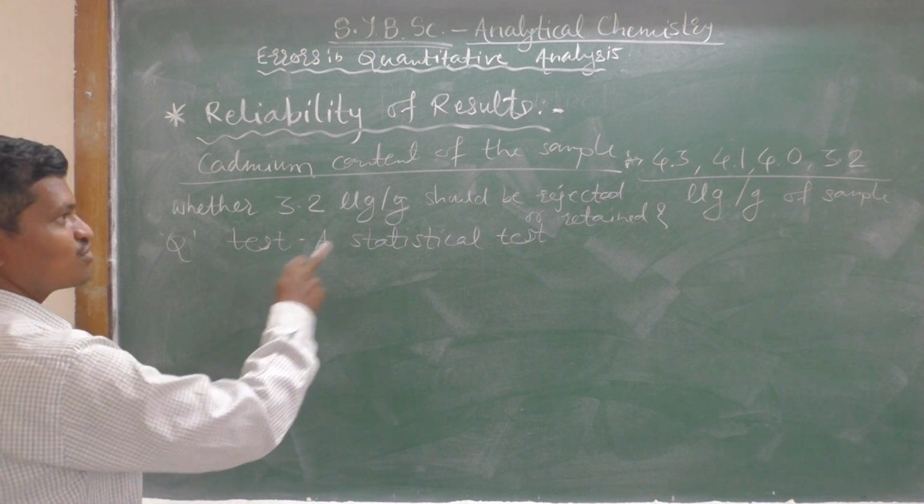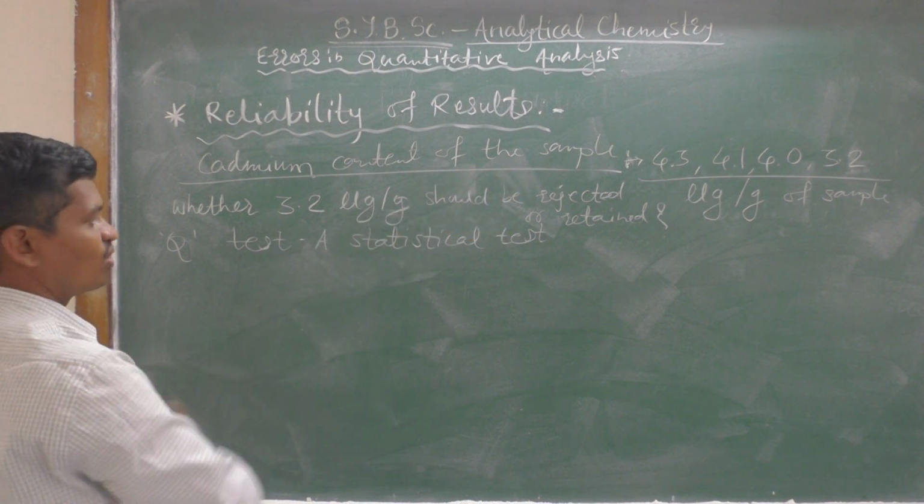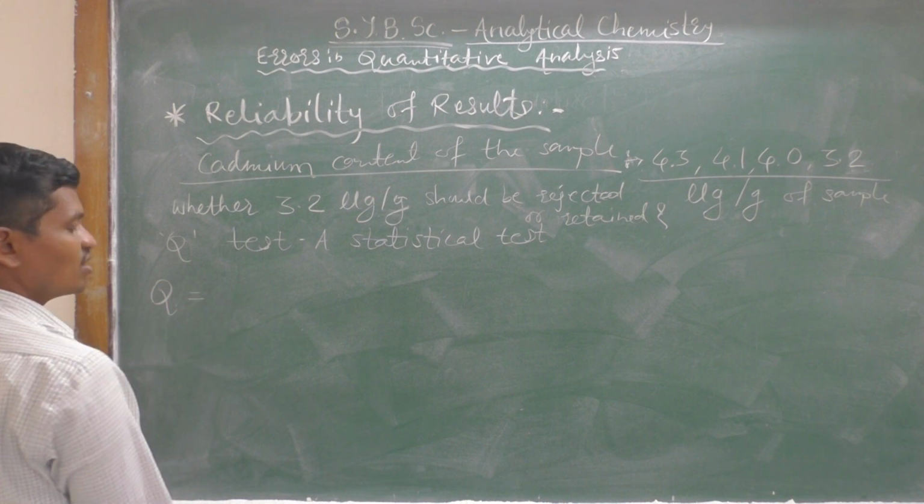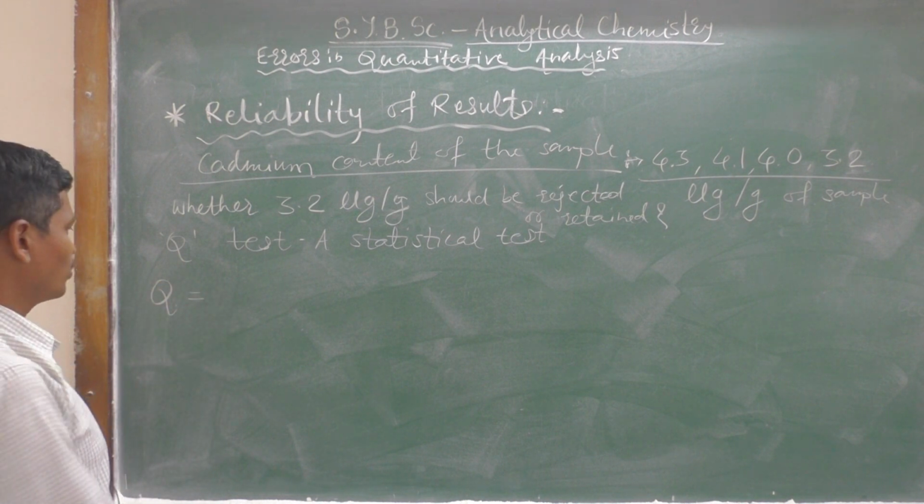So this is a Q test for 4 samples. Now as per this Q test, how will you calculate this Q value?